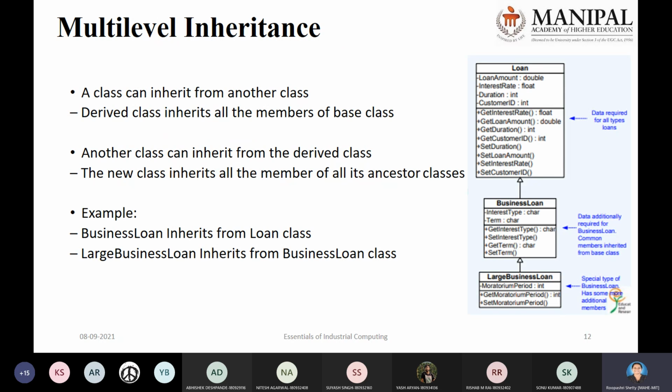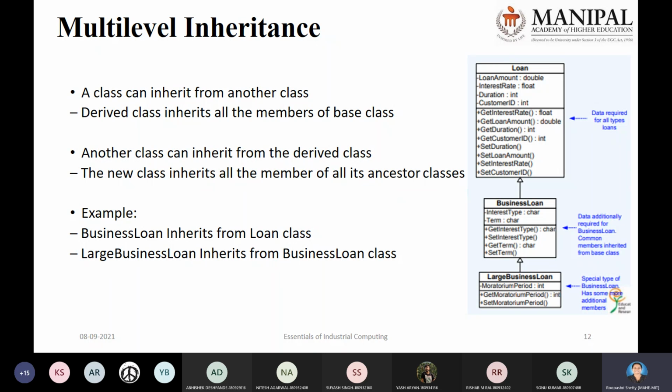There are two important types of inheritance you are supposed to remember. One is multi-level inheritance and the other is multiple inheritance. This is basically the hierarchy levels, and that decides what type of inheritance is to be used. A class can inherit from another class, and the derived class inherits all the members of the base class.